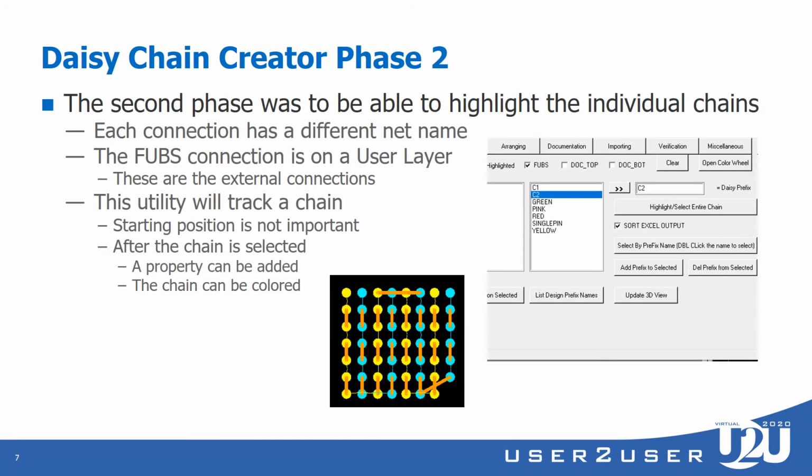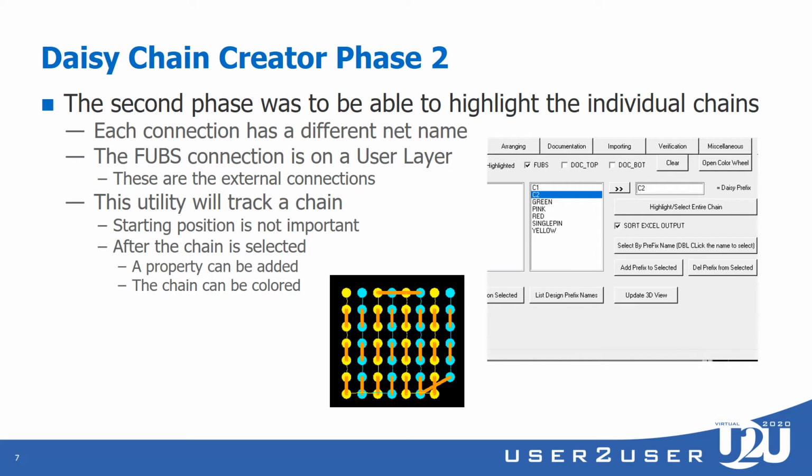The second phase of that was, hey, now that we have these connections in here, can we highlight a whole chain? Well, that user layer is not part of the electrical model of the database, it was just a user layer. So it created basically a function that goes off and looks at that user layer and looks at the endpoints of that draw segment and says this is connected to this pin and this pin.